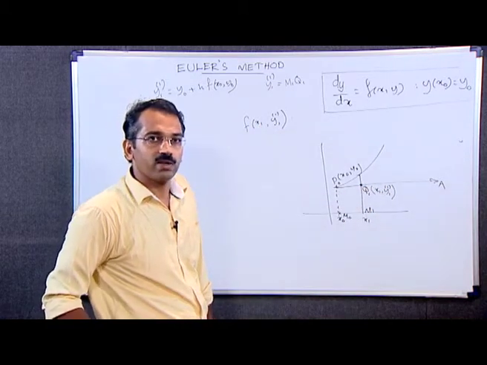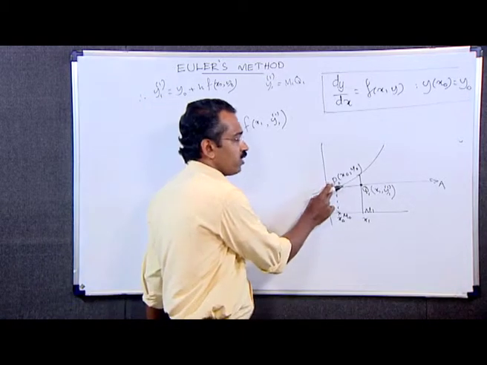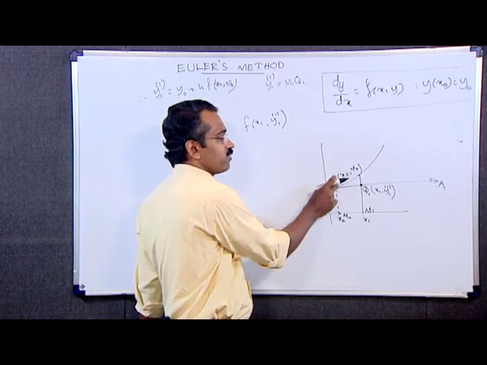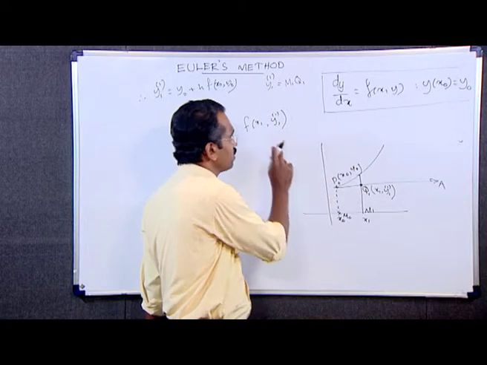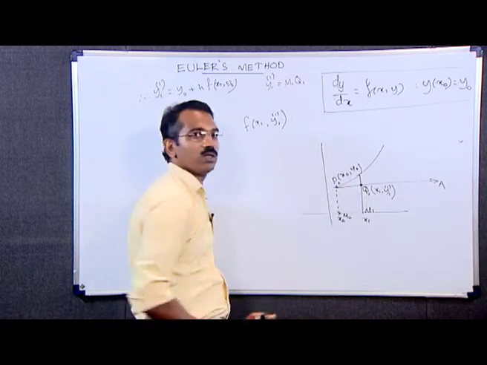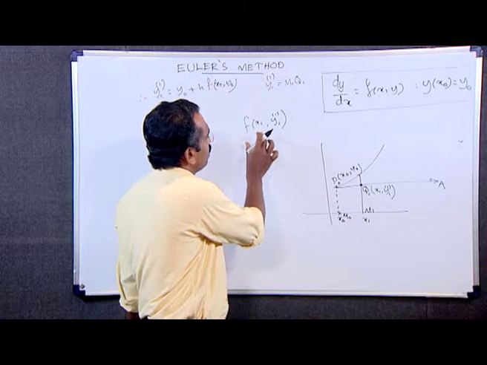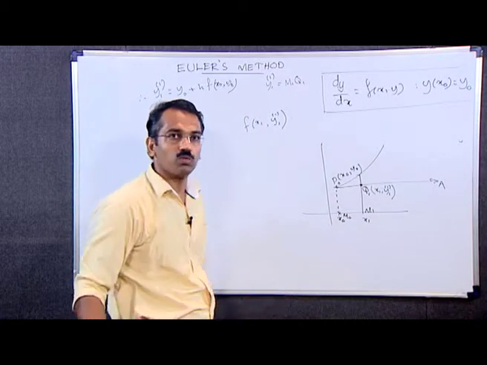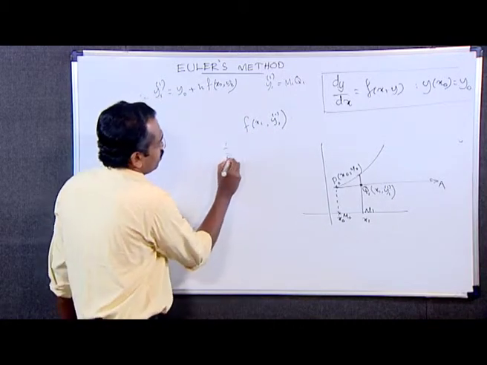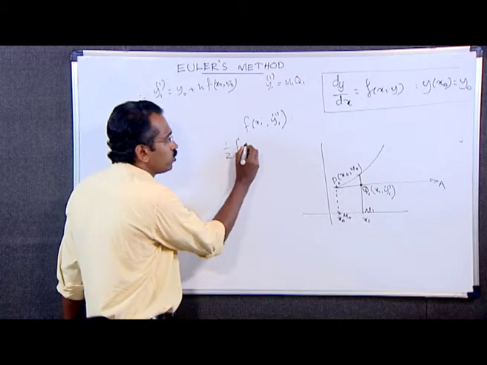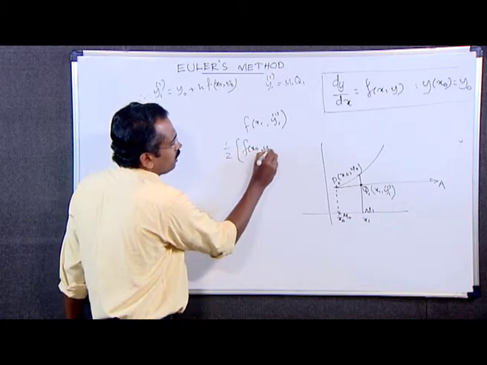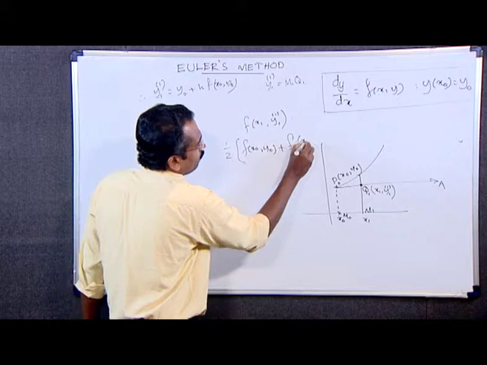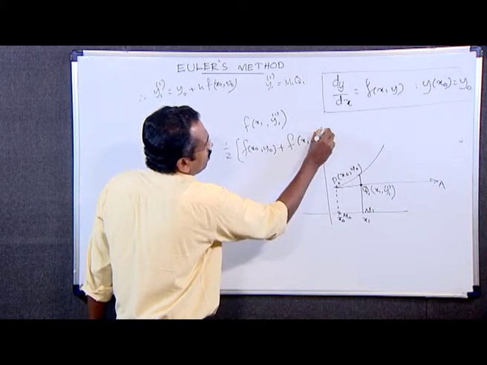Now, we take the average of the slopes at P0 and Q1, that is, the average of f of x0, y0 and the slope at Q1, f of x1, y1(1). The average is 1 by 2 into f of x0, y0 plus f of x1, y1(1).